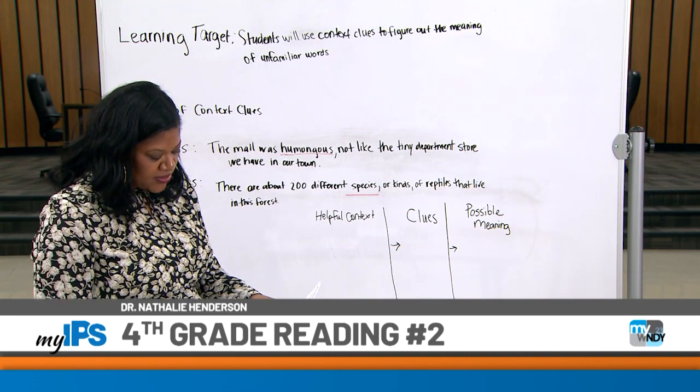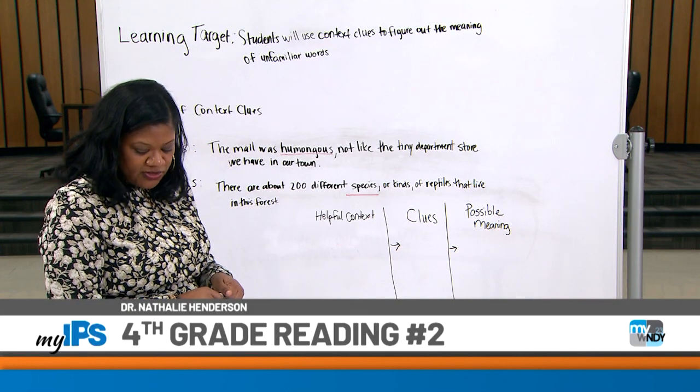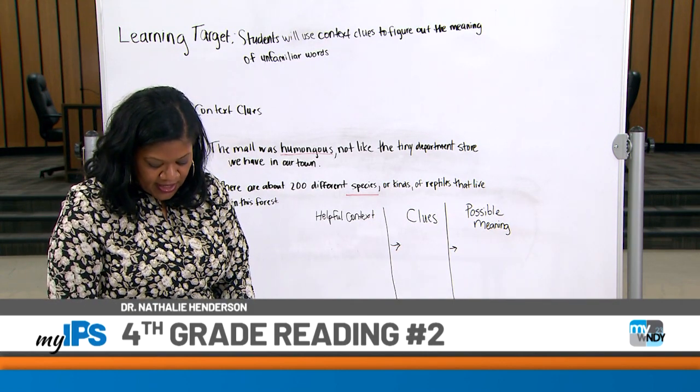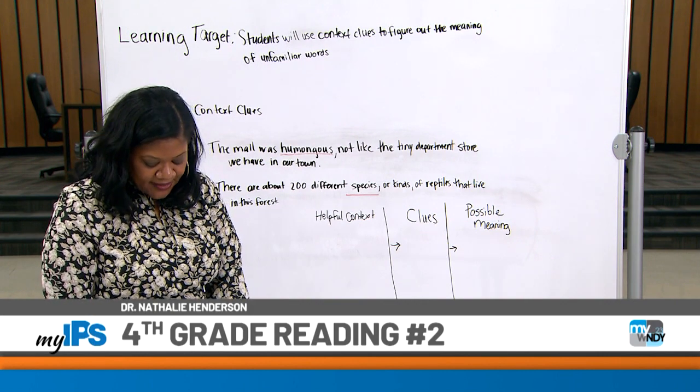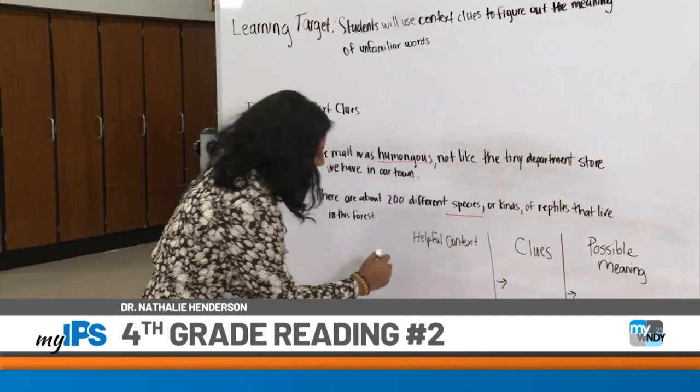So what did we underline as helpful context? If you go back and look at the text, I underlined their idea combined the lever, the pulley, and the wheel and axle into one machine. So I'm going to write that here.